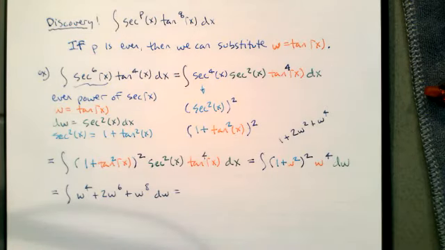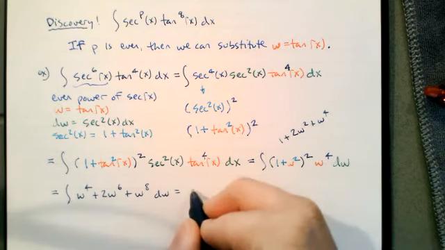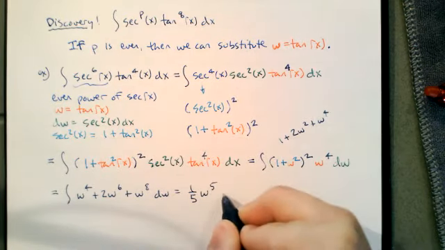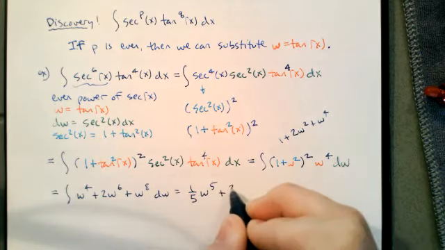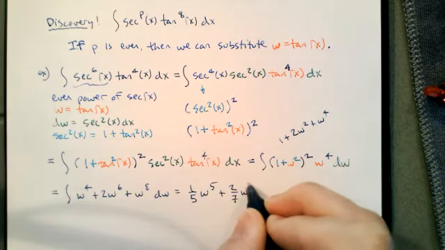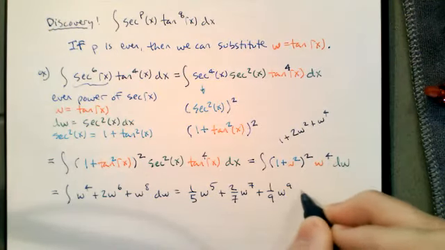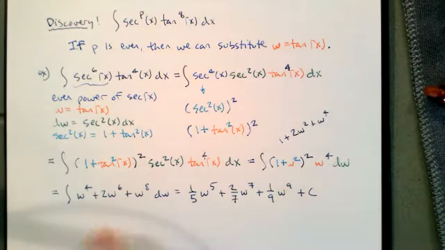We integrate in w first. So we'll have 1/5 w to the 5th plus 2/7 w to the 7th plus 1/9 w to the 9th plus c. I dropped the integral in dw because we have done the integral thing. We have added 1 to the exponent and divided by the new exponent.